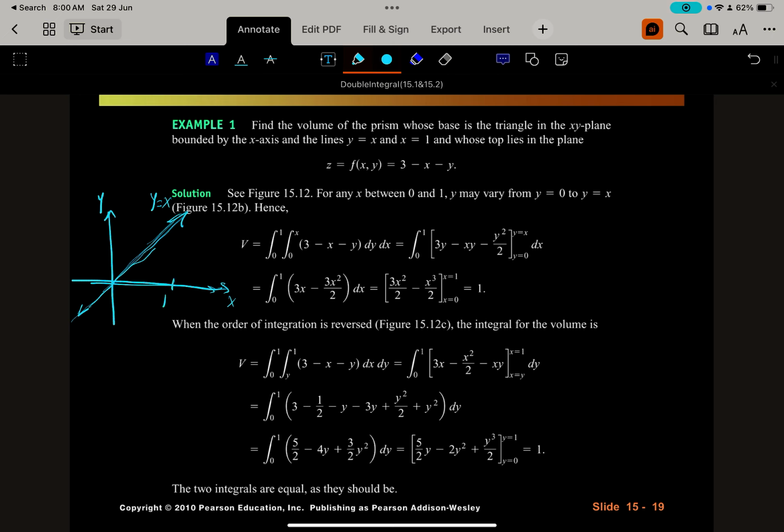So let's say this is 1, and then the line x equals 1 is just this line, and the region is the region bounded by the x-axis and the lines, as you can see here. This is our region. So it is a prism. The volume is a prism, and this is our region.